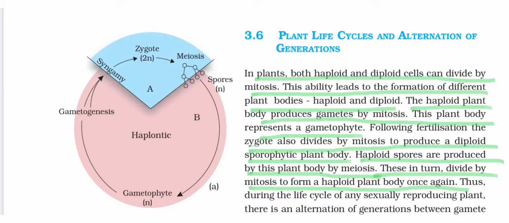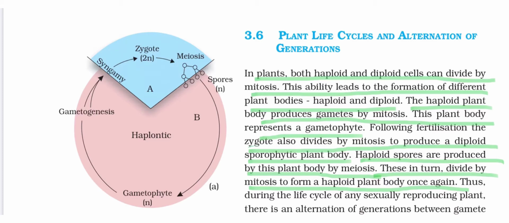Only the underlined part you are supposed to learn and write for the exam. The haploid plant body produces gametes by mitosis. This plant body represents a gametophyte, and following fertilization the zygote also divides by mitosis to produce a diploid sporophytic plant body. So, we can say that the gamete producing phase alternates with the spore producing phase.